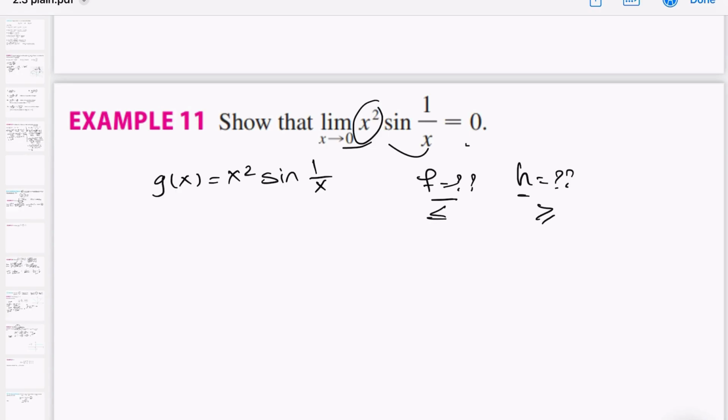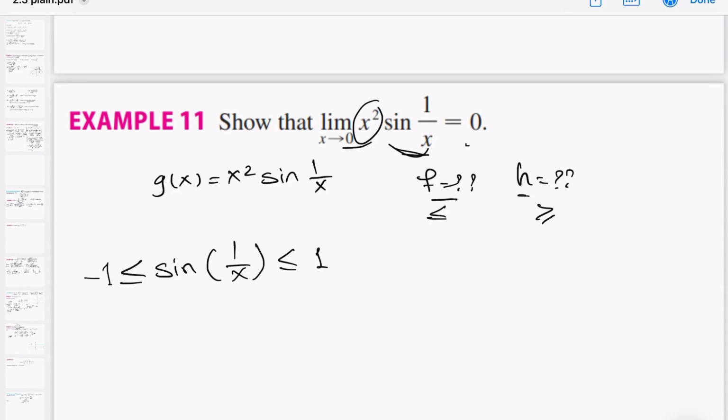So what we're going to do, we know that the function sine always lies between minus 1 and 1. So here is the function sine 1 over x. It always lies between 1 and minus 1. Any inequality remains true when multiplied by a positive number.